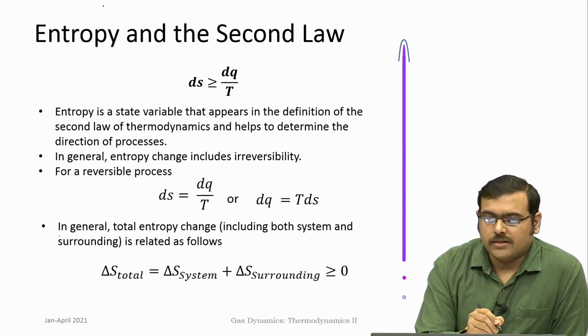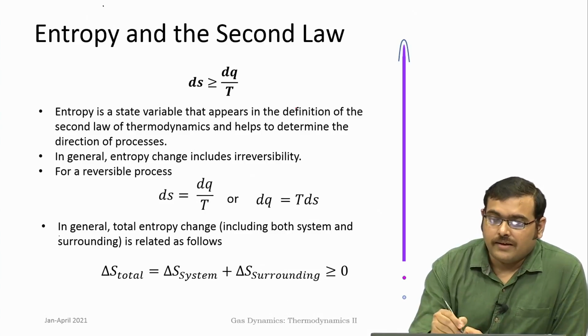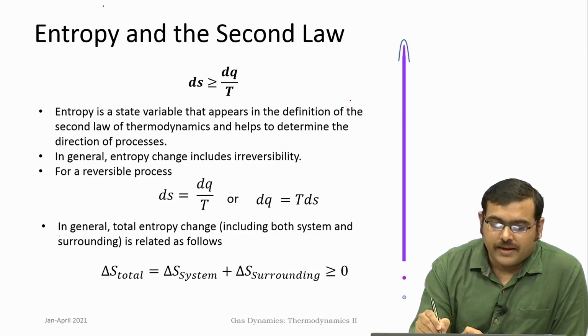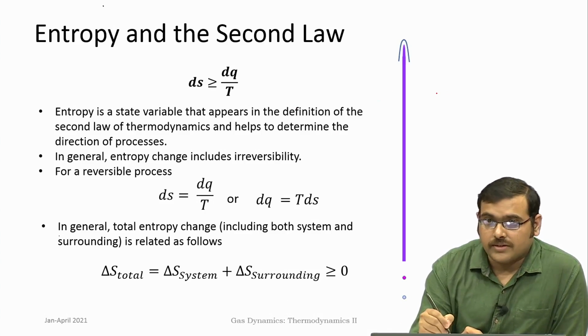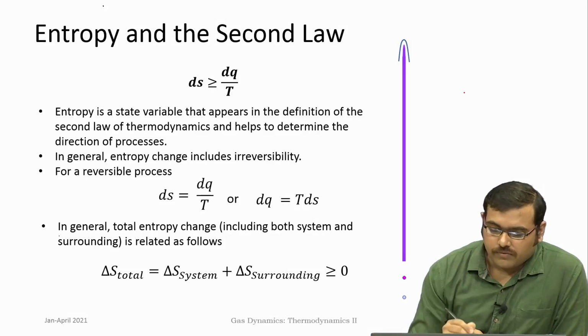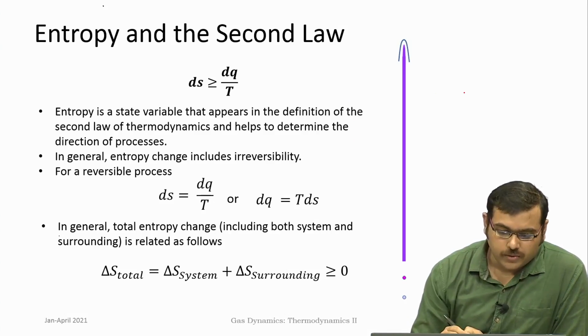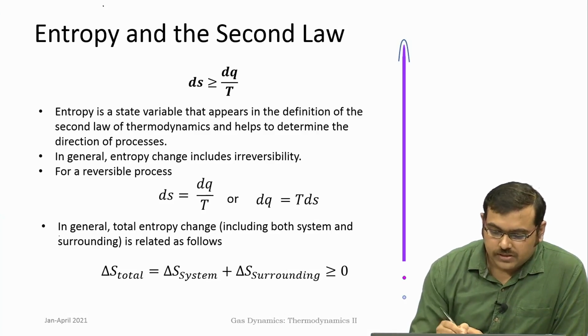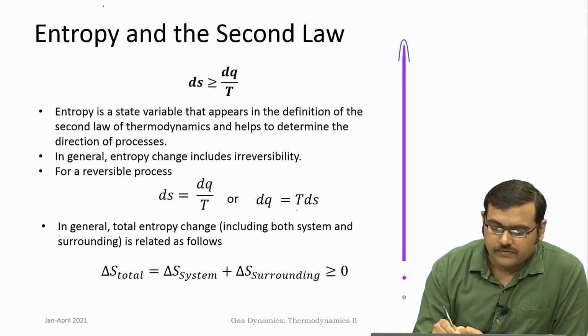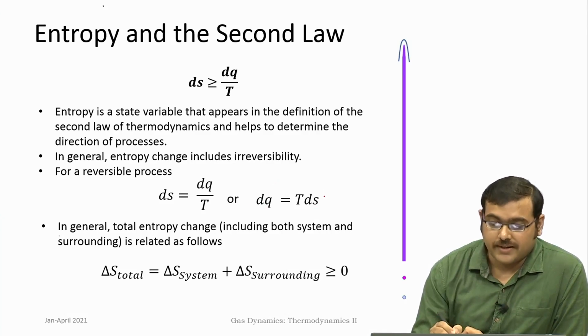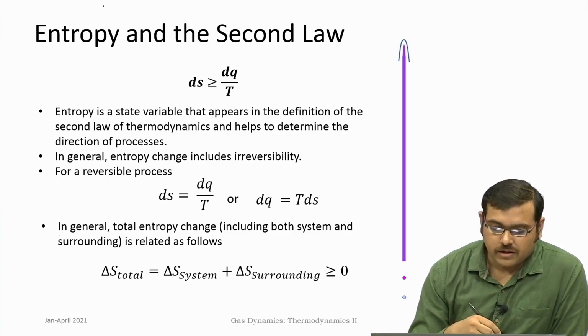That means it can be defined for two separate points A and B, and it does not depend on the process that is followed to go from A to B. So, this way of defining dq equal to Tds for a reversible system will give us certain directions on how to estimate entropy.